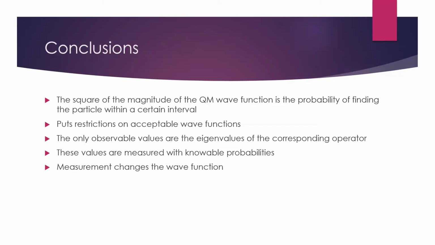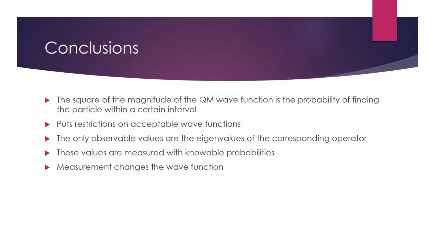All right. So I want to conclude here with the following notes, again, summing up the last two lectures. The square of the magnitude of a quantum mechanical wave function represents the probability of finding that particle within a certain interval. And this idea, this first postulate, puts restrictions on acceptable wave functions as they have to have meaningful probabilities over the interval that we're interested in.